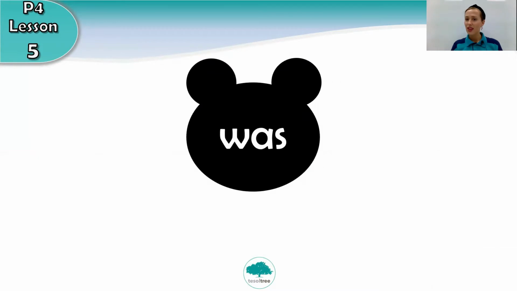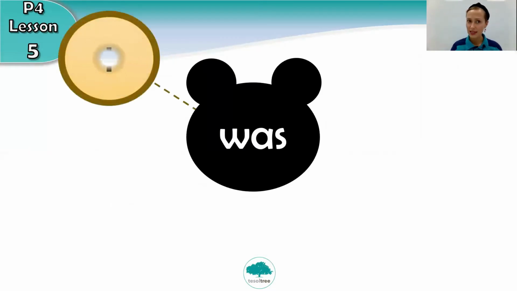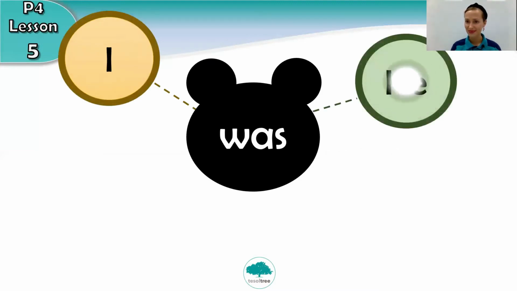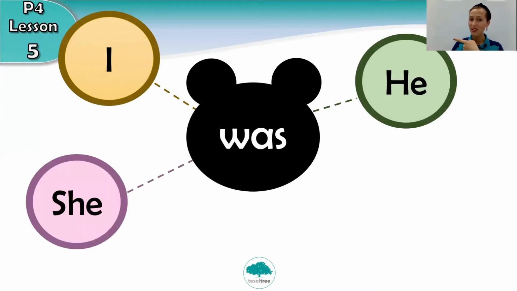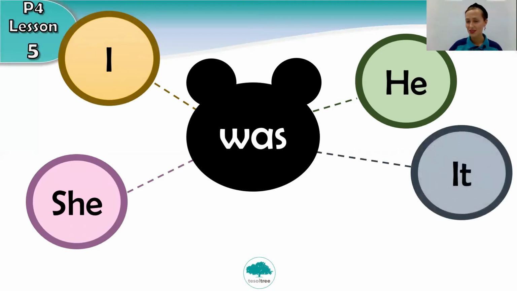Okay. Now when do we use was? When something happened before, in the past, yesterday, last week. So was is used in a sentence with I was, he was, she was, it was.